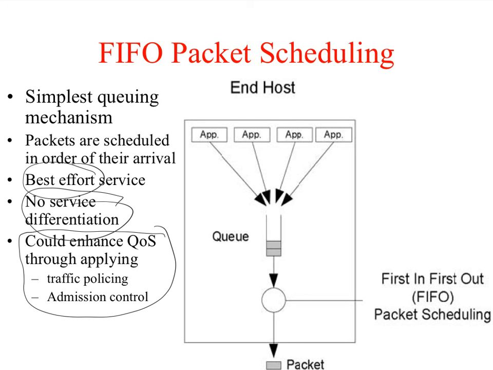The problem here is that if some of these applications are misbehaving, like imagine if this one is video, and this one is text, and this one is audio. What will happen? We're all entering the same queue, right? So this video will enter the queue more often, right? So it will eat the whole bandwidth and the whole queue from all other applications.